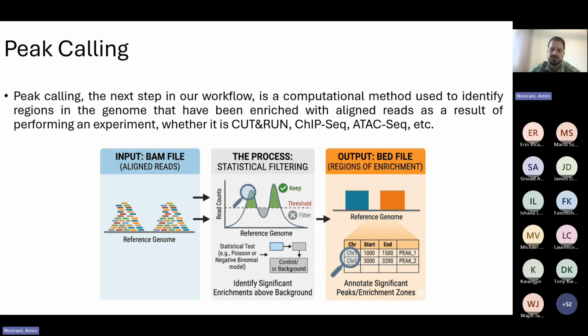So you get your BAM file, which shows the reads aligned on the reference, and you get the peak files, the ones that take all these piled up reads and, by different statistical analysis, find out which ones are actually significant and not random, and the ones that are high, but there might be some other stuff happening, not just the one that you are looking for, like a binding site.